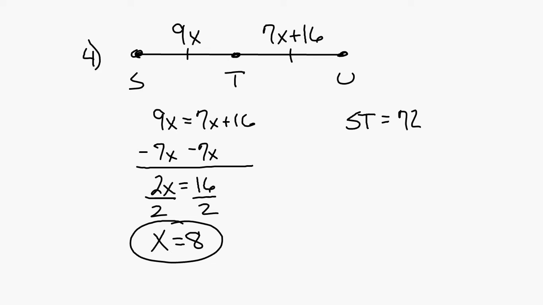T to U is 7 times 8, which is 56, plus 16 is 72. And then S to U would be 72 plus 72, right? So that's 144. Those are your 3 answers.